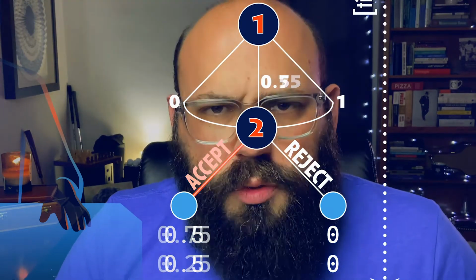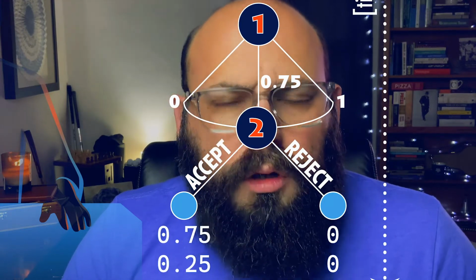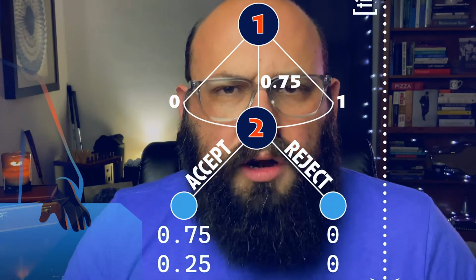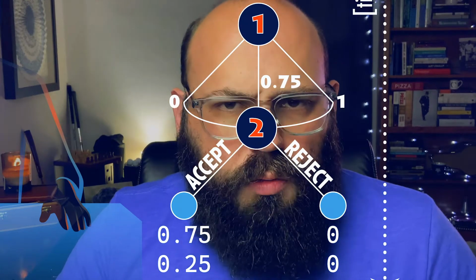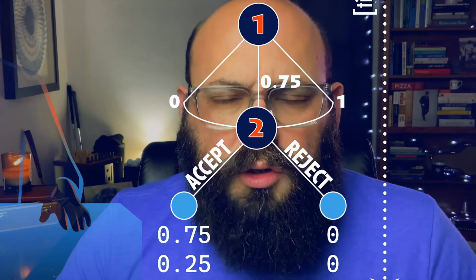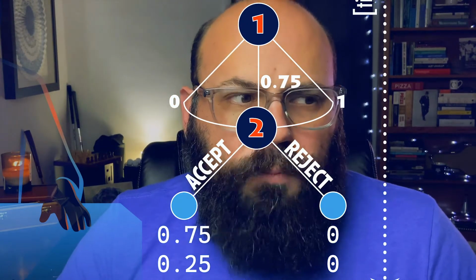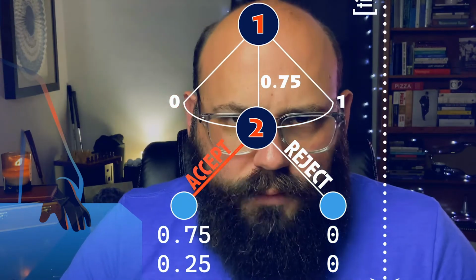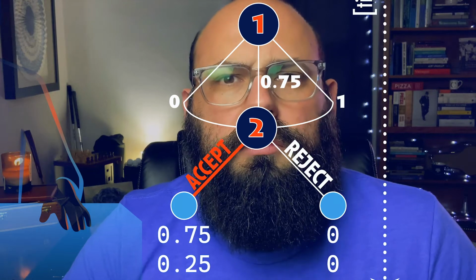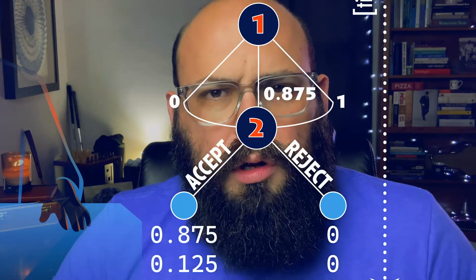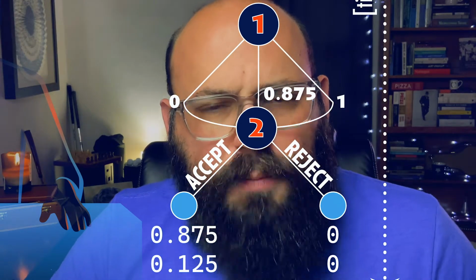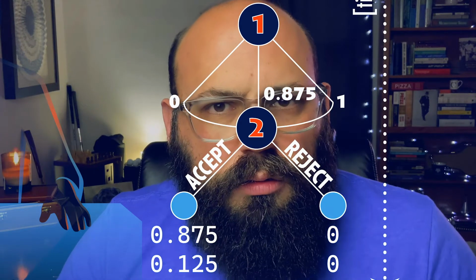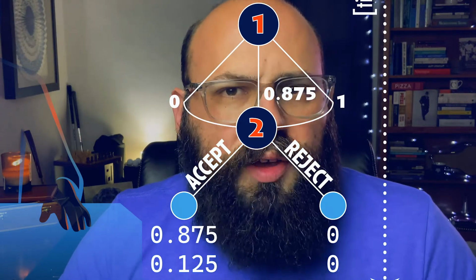Now suppose x equals 3/4. Then player 1, if that offer is accepted, gets 3/4 of a happiness point, and player 2 gets 1/4 of a happiness point. 1/4 is still strictly bigger than 0, so player 2 would accept that offer. What about 7/8? That would leave player 2 1/8 of a happiness point, which is still strictly greater than the 0 they get for rejecting.